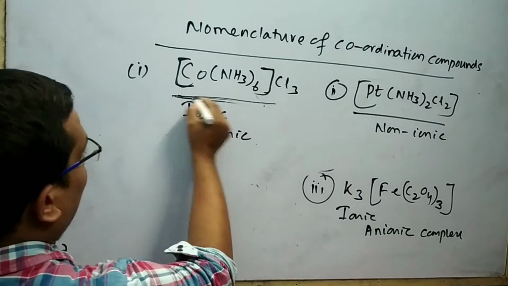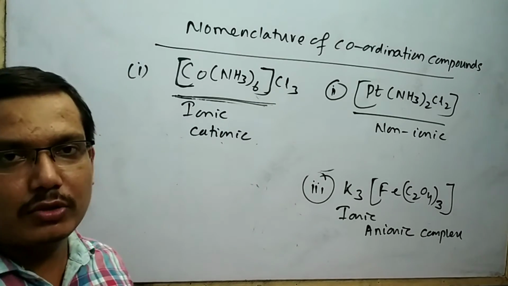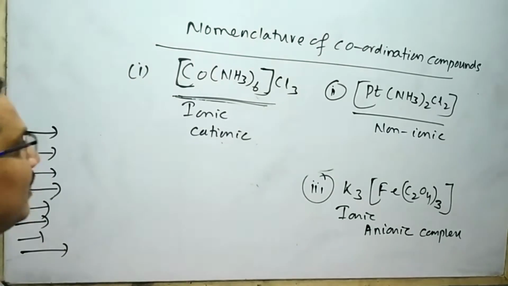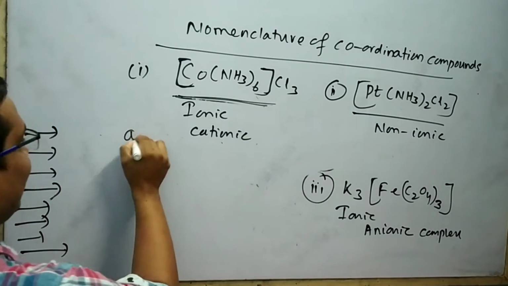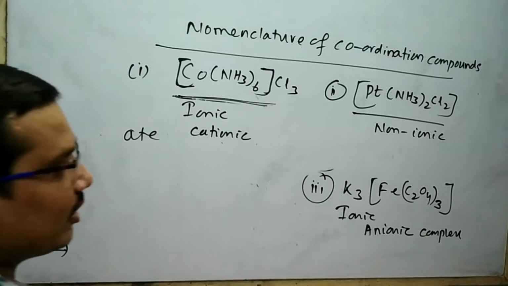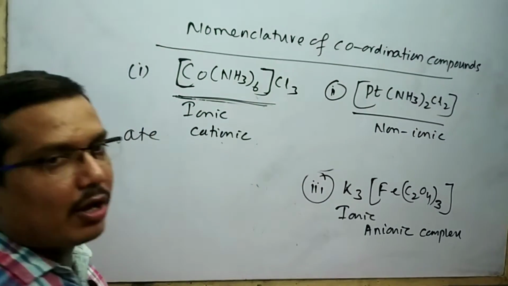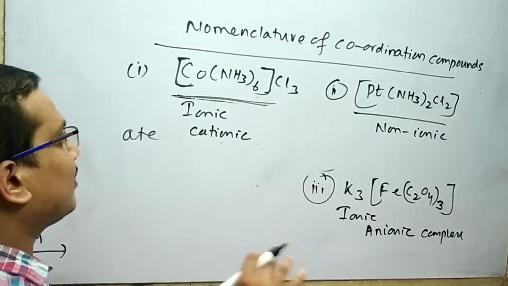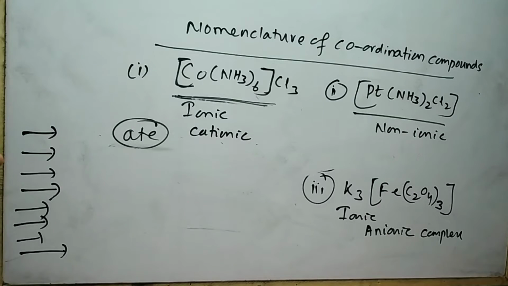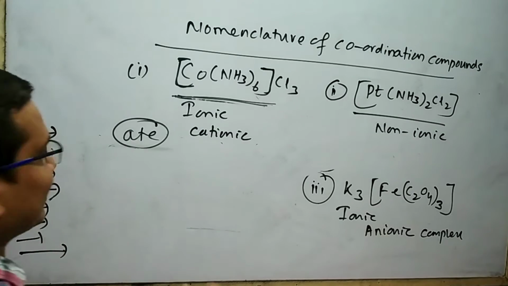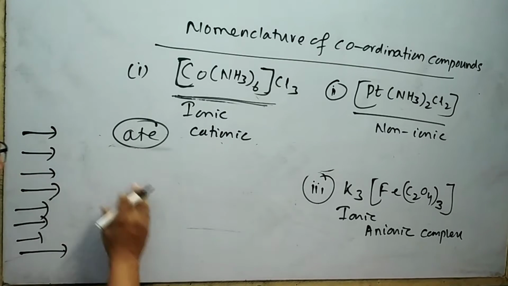Remember also another rule: if a complex is an anionic complex, then the name of the central metal atom ends with ate. On the other hand, if the complex is neutral or cationic, then the name of the central metal atom is written as such. There are some special cases which arise in the nomenclature of coordination compounds.